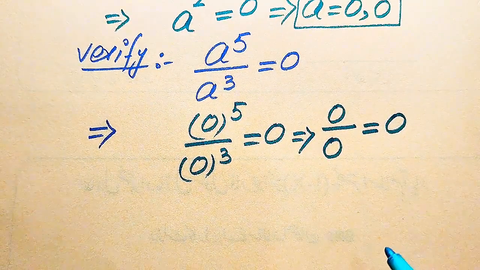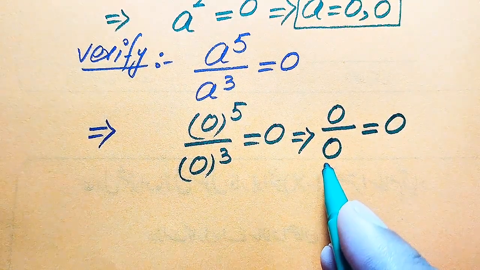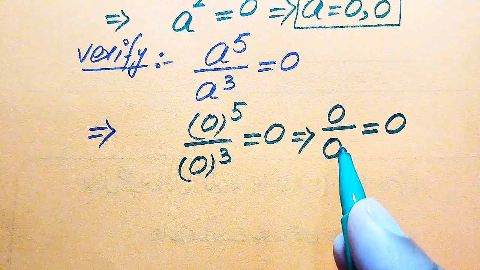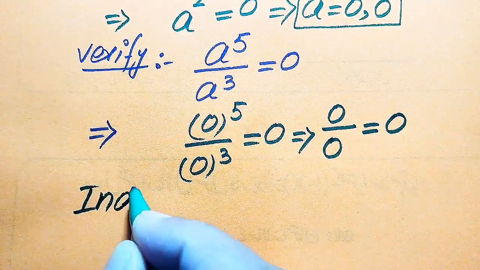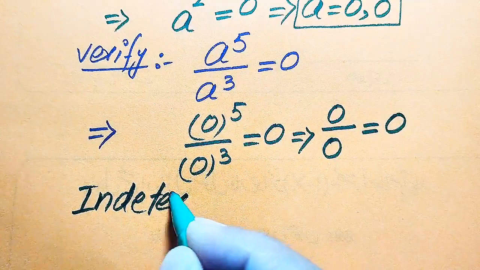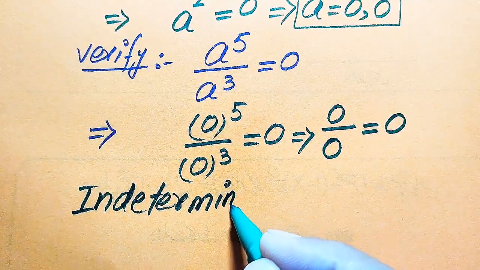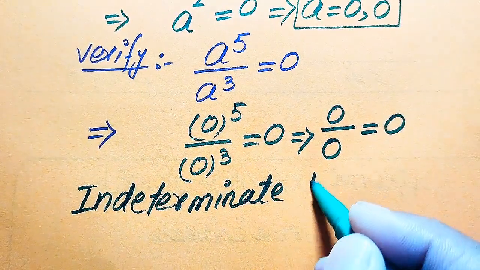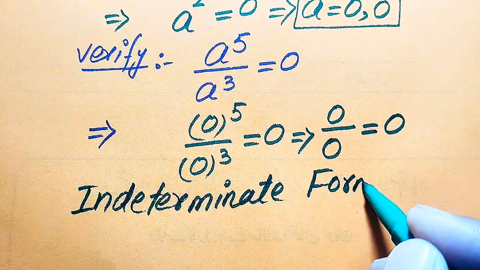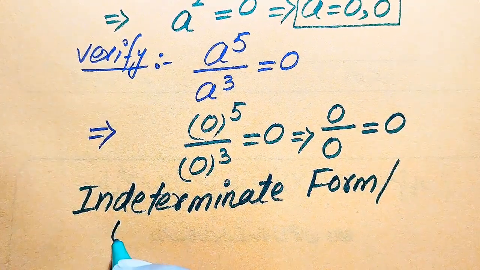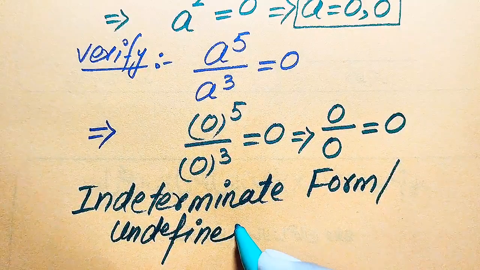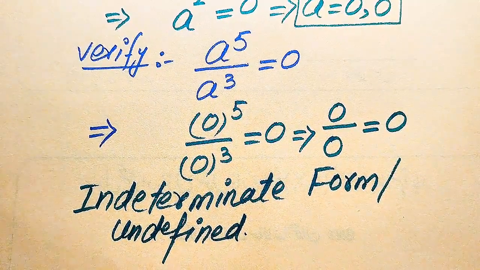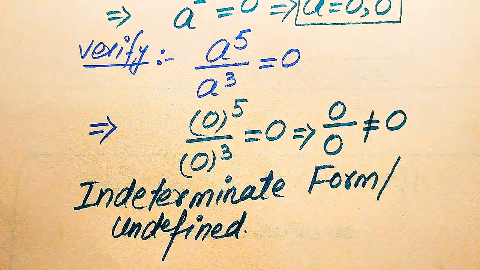And now here we need to focus on the left hand side, and you see here it is 0 by 0 form, and usually we call that the indeterminate form. So if our left hand side is indeterminate form, or in other words undefined, this means that both of the sides are not equal.